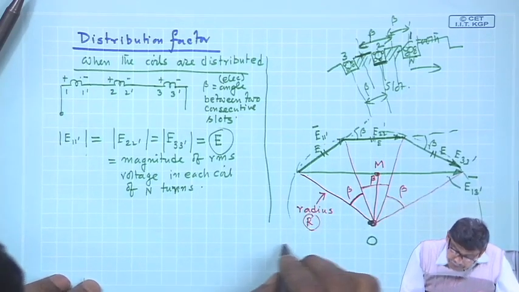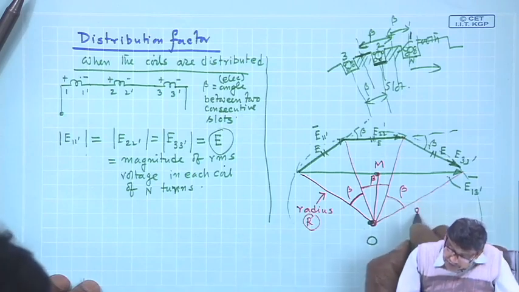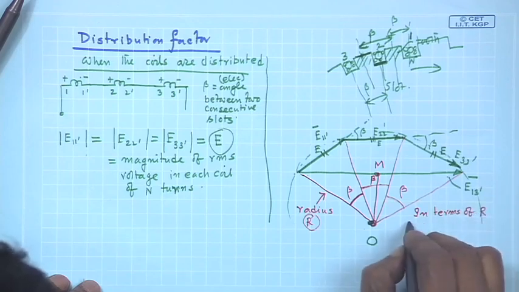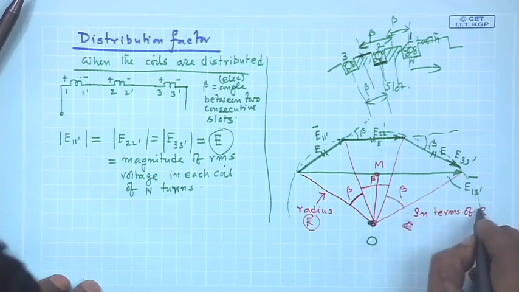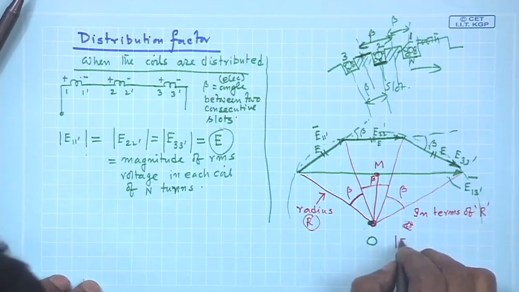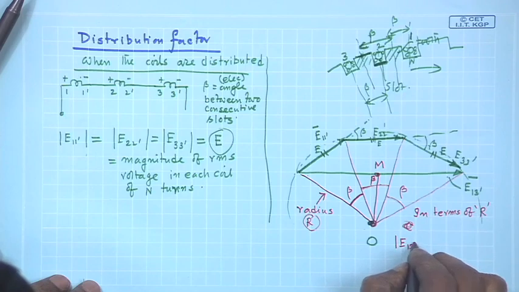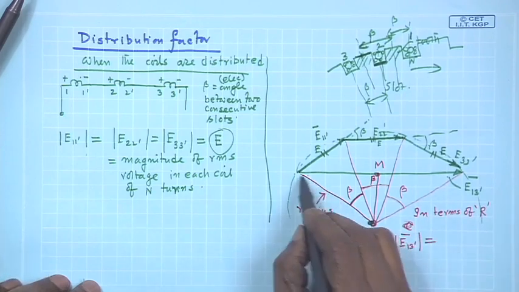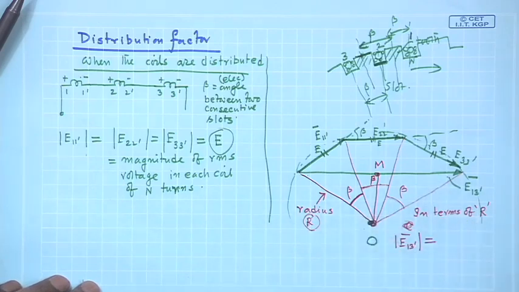How? In terms of R, which is radius, this amplitude E13 resultant voltage, the magnitude of that can be easily expressed.